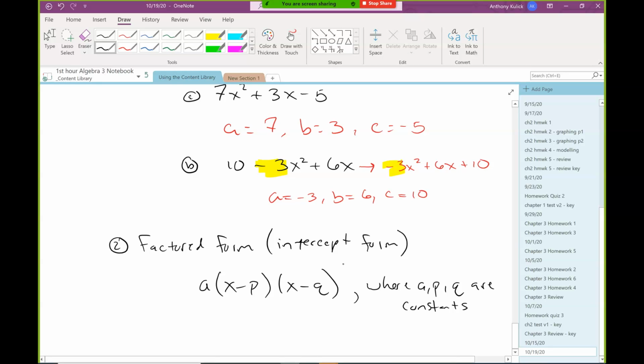So intercept or factored form is a times the quantity x minus p times the quantity x minus q, where the a, p, and q are just constants. They're just like real numbers. They're not variables.